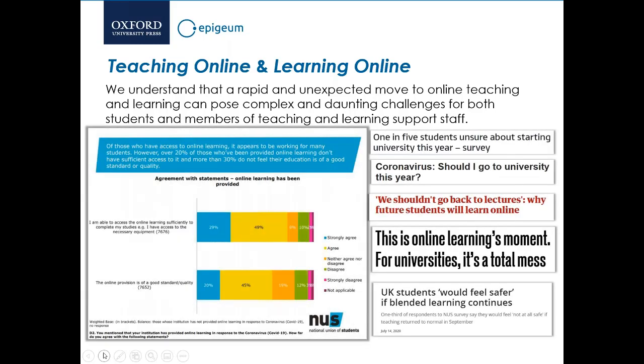Added to this, we understood that students also required support in this transition, having often also had limited experience in a purely online learning environment, and reporting varying levels of satisfaction with the online learning provision provided to date, as well as feelings of uncertainty and anxiousness associated with the many unknowns that they are facing.